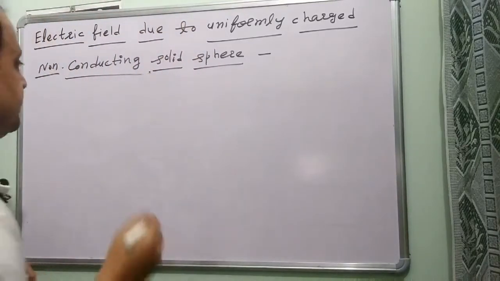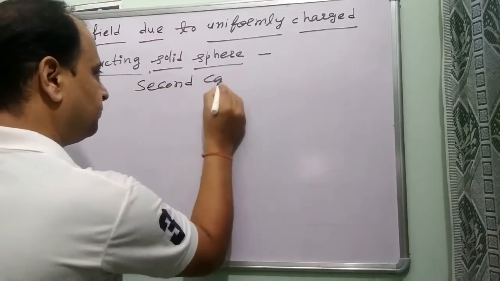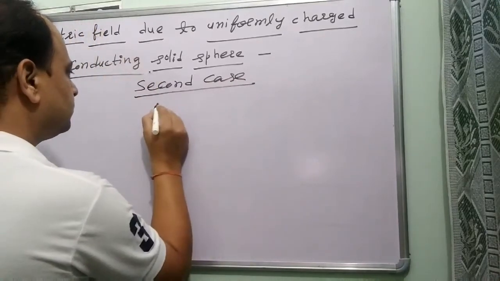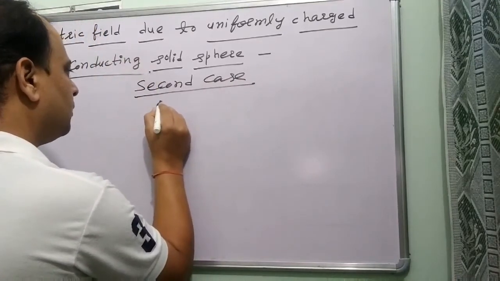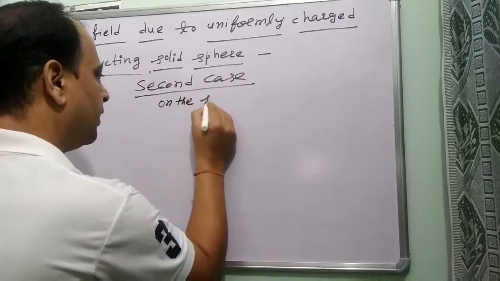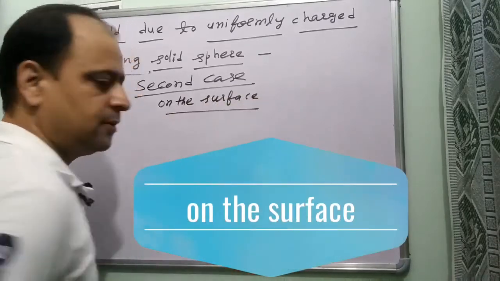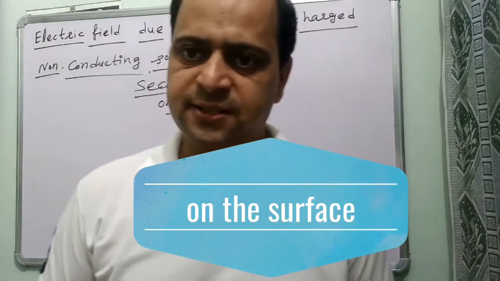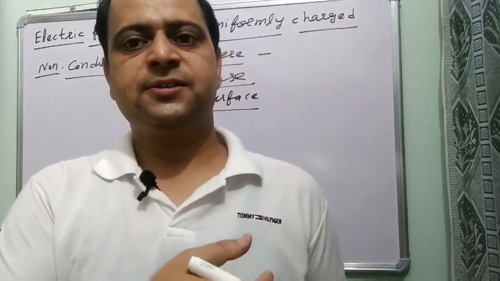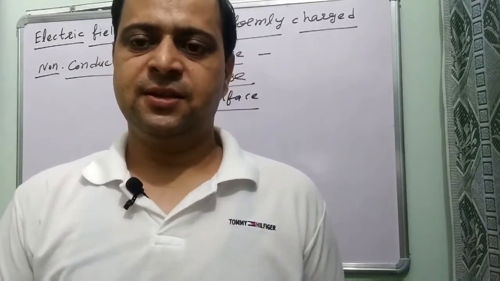Now we consider the second case, on the surface. We know there are three cases: first is outside the sphere, second is on the surface, and third is inside.